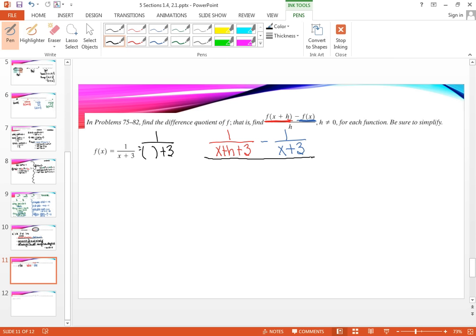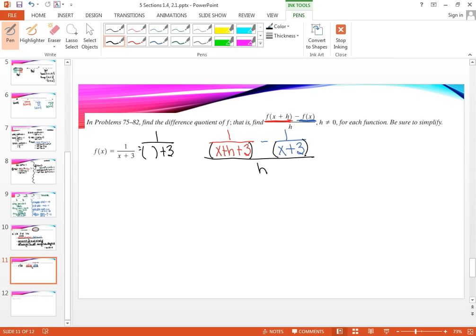Then over h. All right, so this looks nasty, right? You don't want to leave the h on the bottom by itself. So the only thing to do is to do like you would with any other complex fraction and try to combine the red and the blue fractions in the top. Get a common denominator, add those together, hope and pray stuff is going to cancel and reduce. Okay, so that means I need a common denominator between the red fraction and the blue fraction.